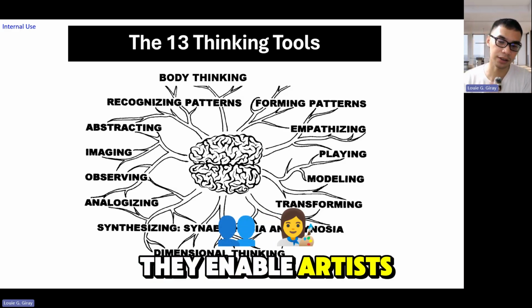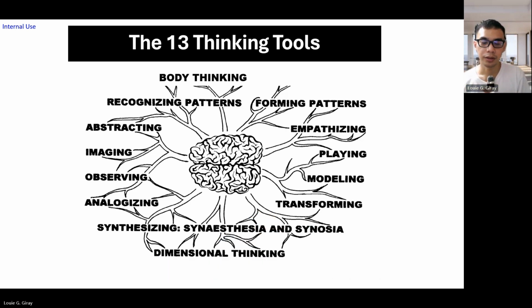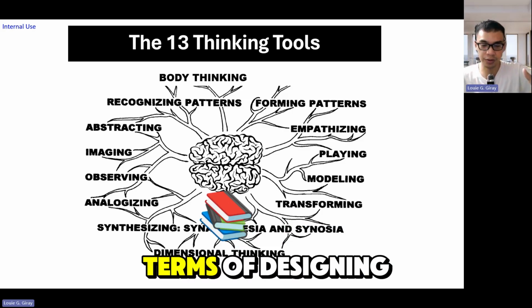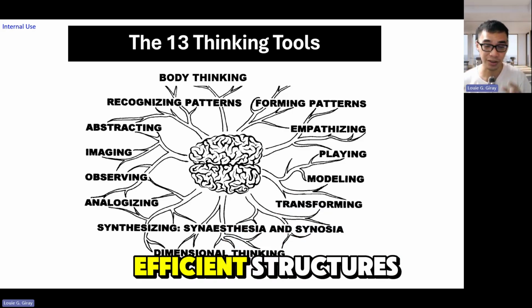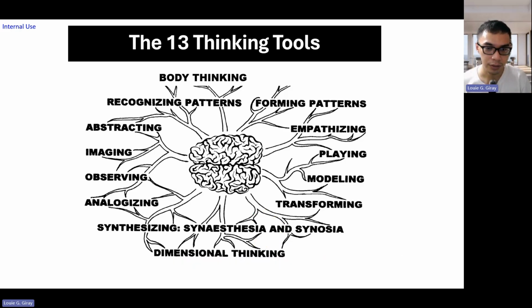We've also got analogizing, and this one above, recognizing patterns. They enable artists to create symbolic meaning. And for engineers, they help in terms of designing efficient structures by recognizing all these recurring patterns.